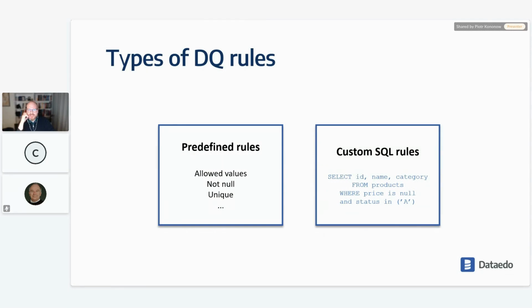I have a section about different tests later in the presentation, so we can check if this is the thing you're looking for. But yeah, I'm pretty sure we can use one of the predefined rules, but you can always write a SQL query that checks the consistency.